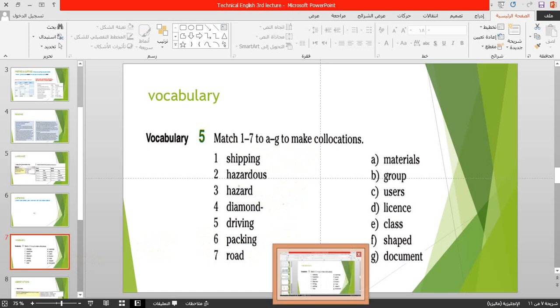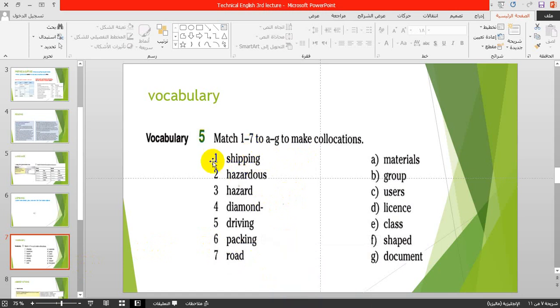So shipping, number 1, to make collocations. Okay, so number 1 is shipping, shipping document. Hazardous, dangerous. It will be hazardous material, hazmat.